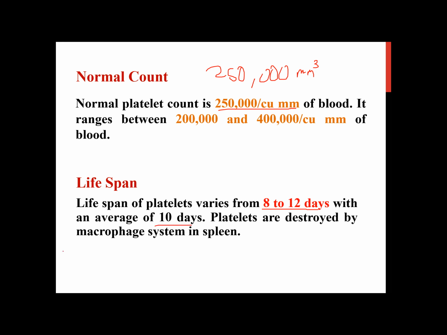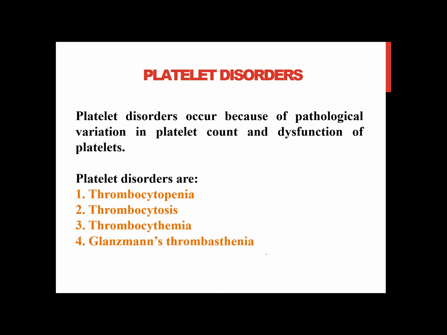Platelets are destroyed by the macrophage system in the spleen. Platelet disorders thus would occur because of pathological variation in platelet count and dysfunction of platelets. Platelet disorders would include thrombocytopenia, thrombocytosis, thrombocythemia, and Glanzmann's thrombasthenia.